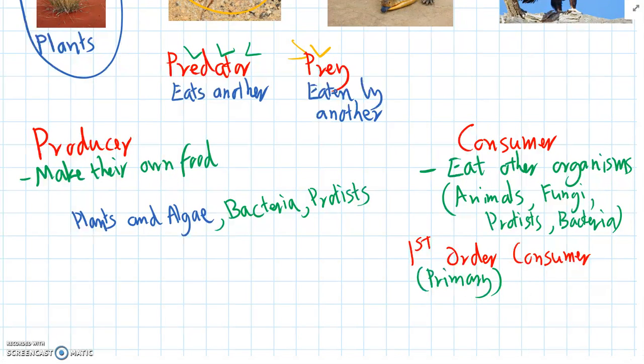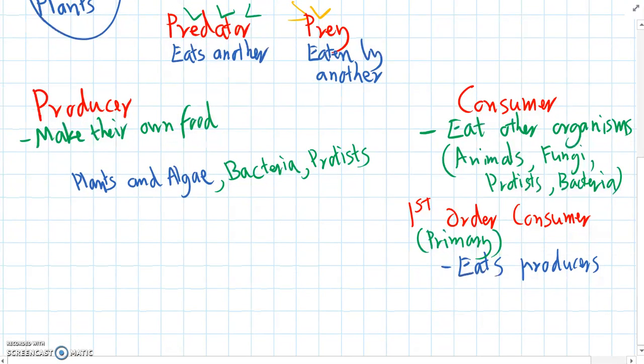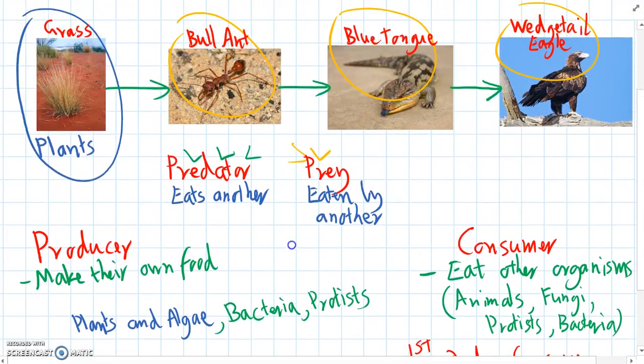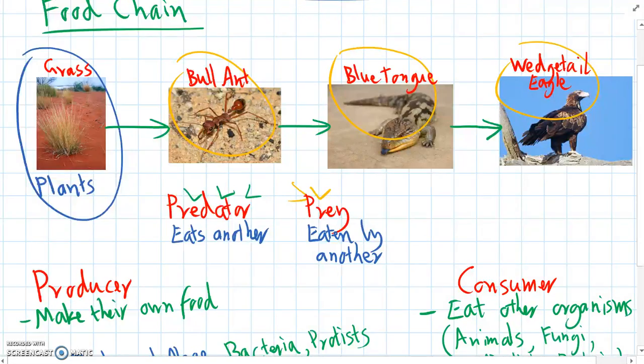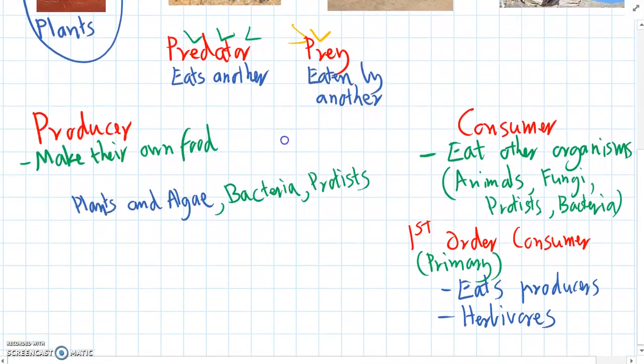The primary consumer eats plants, so it eats the producers, which means that all the first order consumers must be herbivores. So we have things like kangaroos, wombats, our example here, bull ants, and lots of other insects. They're all first order consumers.